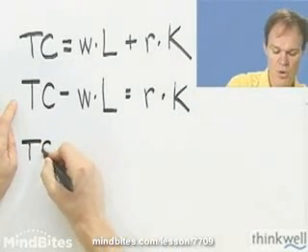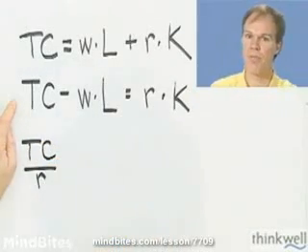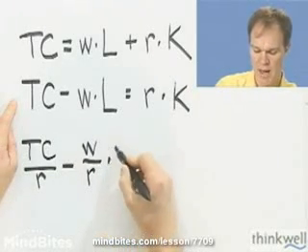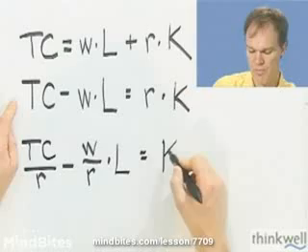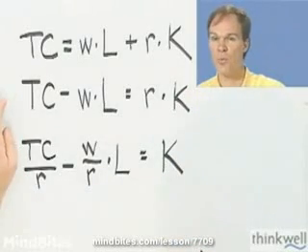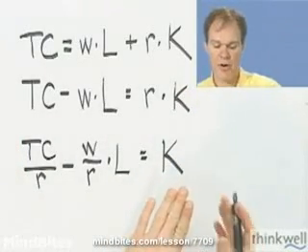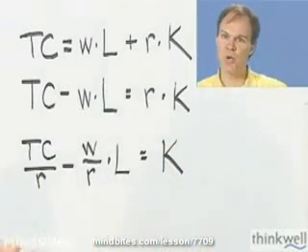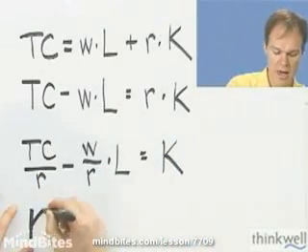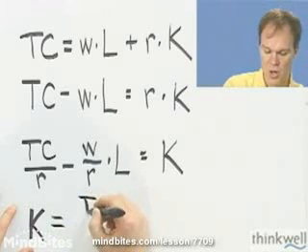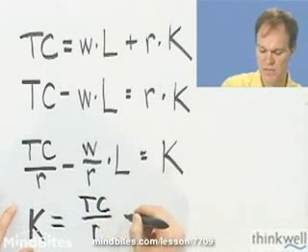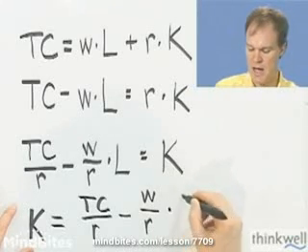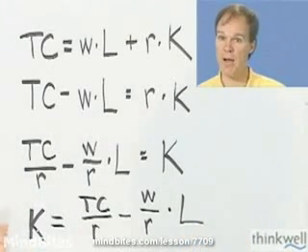And that gives us total cost divided by the price of capital minus the wage divided by the price of capital times labor is equal to K. Now, we're used to writing the vertical intercept variable over on the left-hand side of the equation, so let me just switch these two expressions, and we get K is equal to the total cost divided by the price of capital minus the wage divided by the price of capital times the amount of labor that the firm hires.